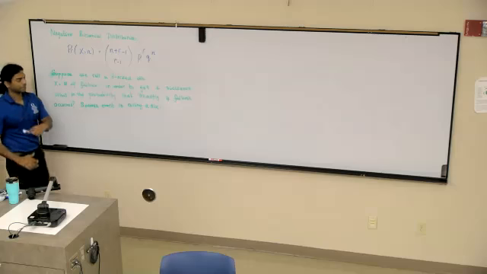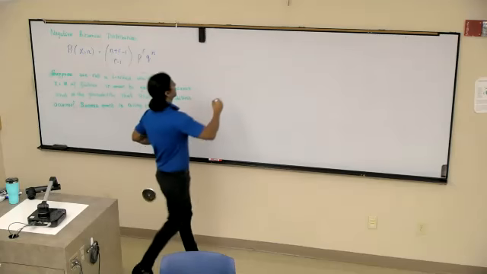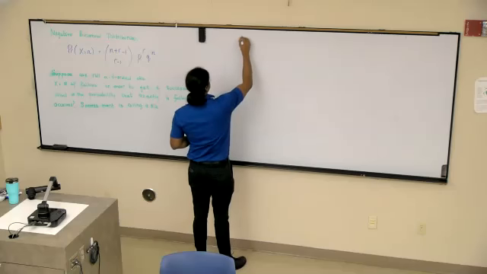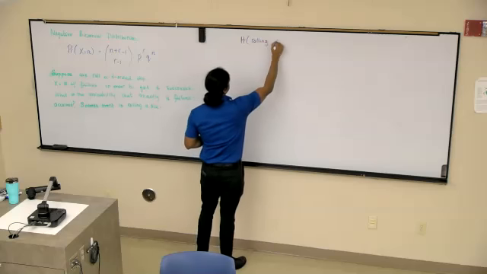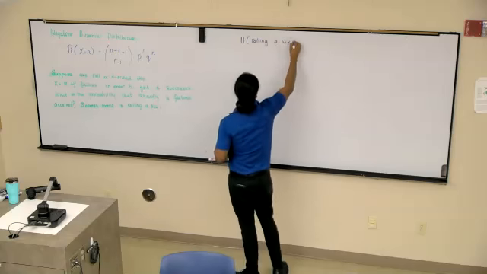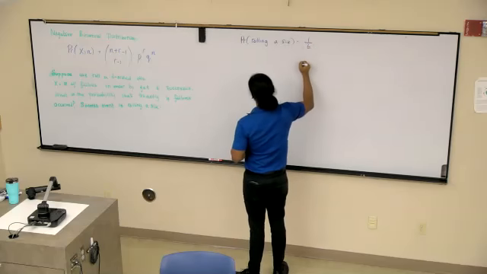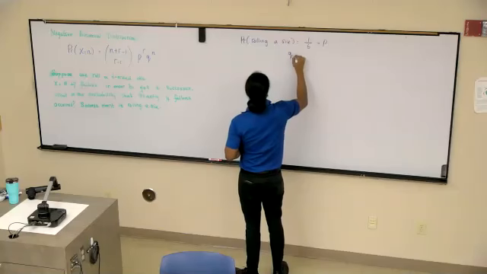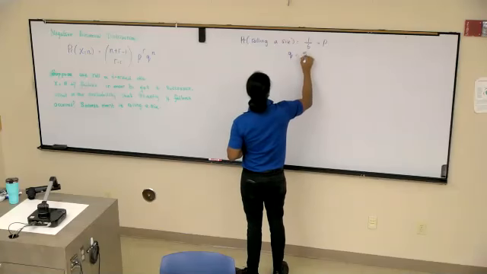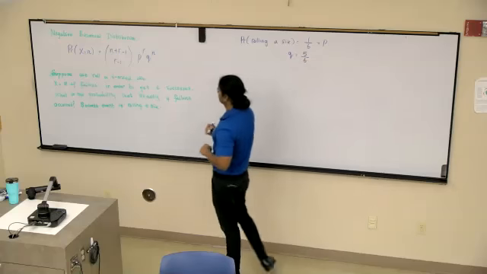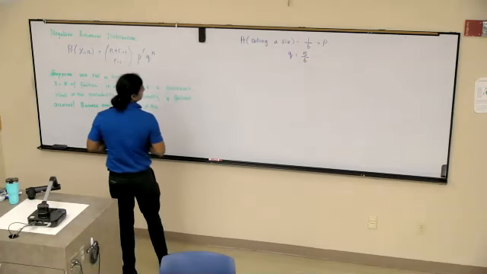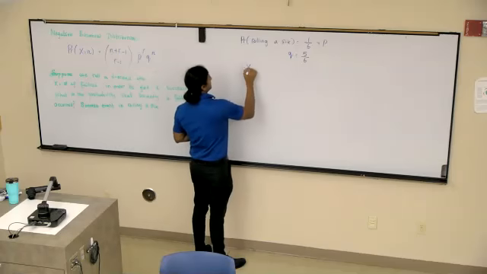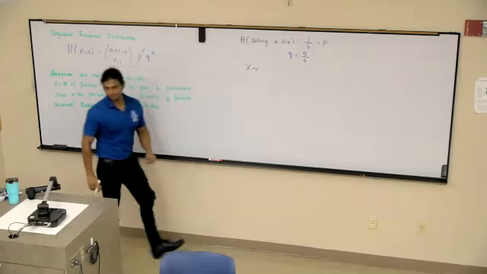So the probability of a success is 1 over 6, which is 1/6, and that would be P. So if P is 1/6, Q is 5/6. What is the distribution of X?